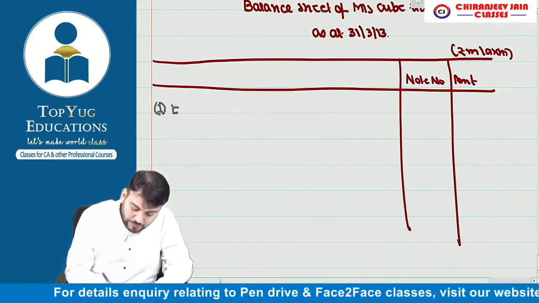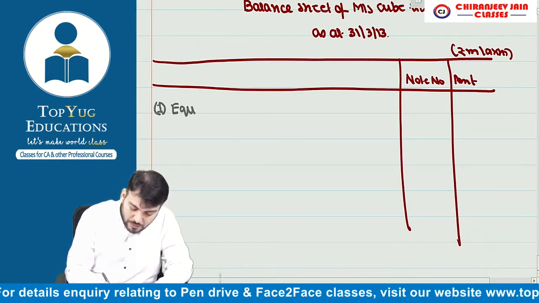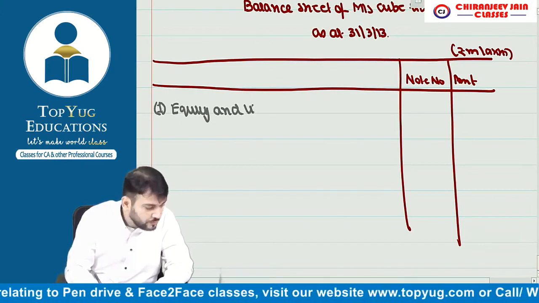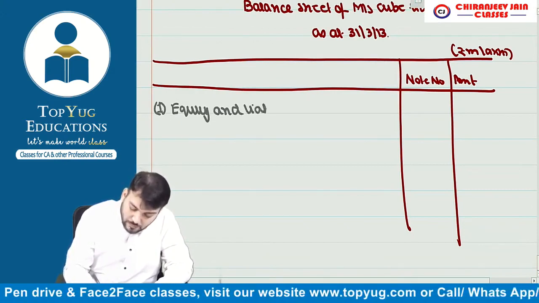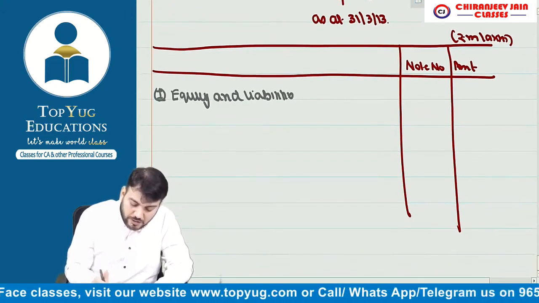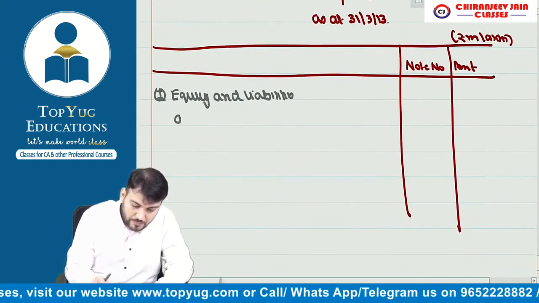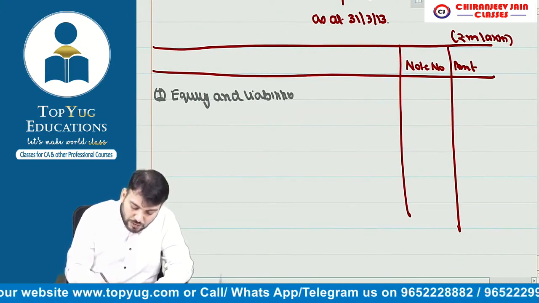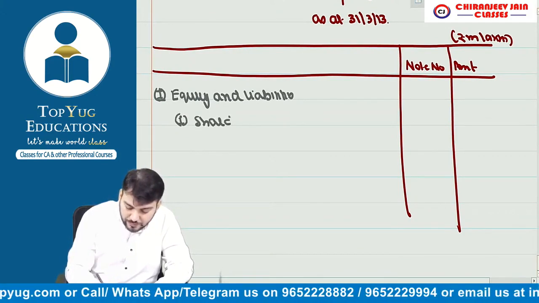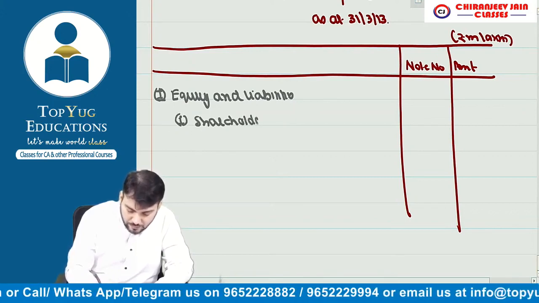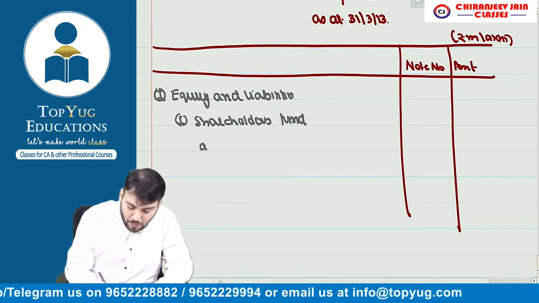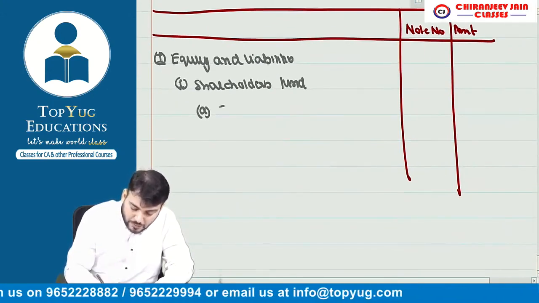Look, point number 1, equity and liabilities. In this we will write point number 1, shareholders' fund. Point A, share capital.